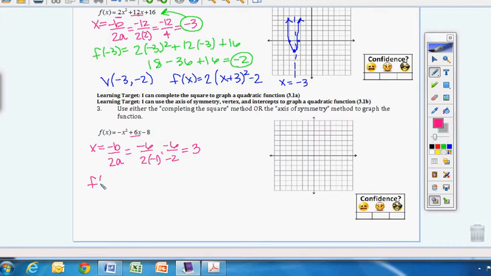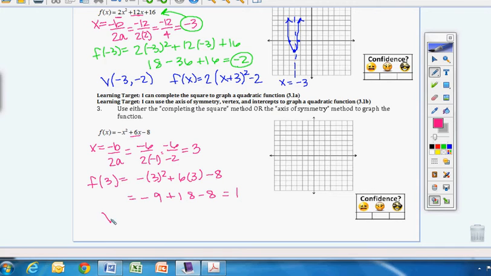And then f of 3 will be negative 3 squared plus 6 times 3 minus 8, which is negative 9 plus 18 minus 8. Negative 9 plus 18 is a positive 9, minus 8 equals 1.